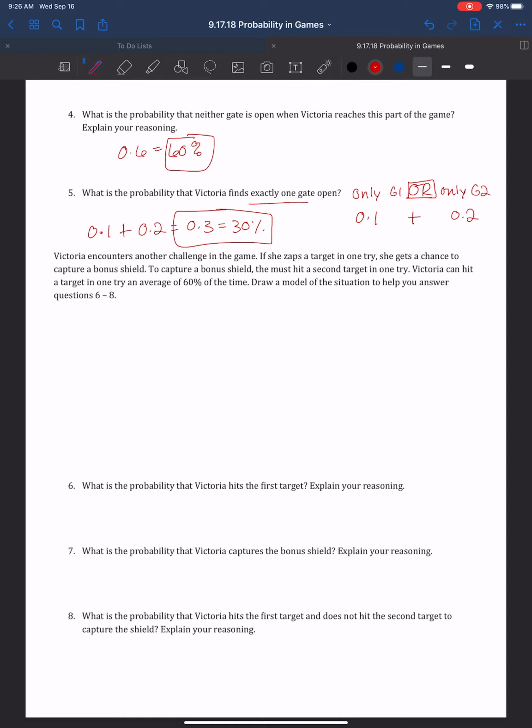So, let's look at this as a tree diagram. In the start, you've got target 1, which I'm going to shorten to T1. Okay, she can either hit target 1 or miss target 1.